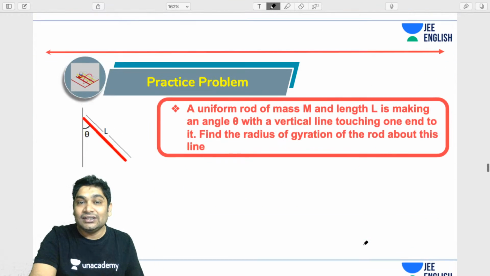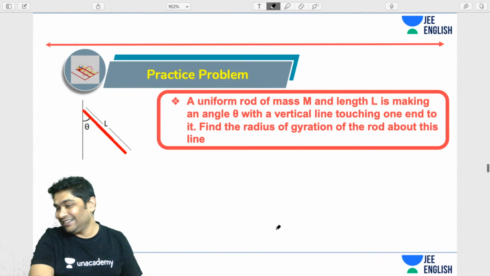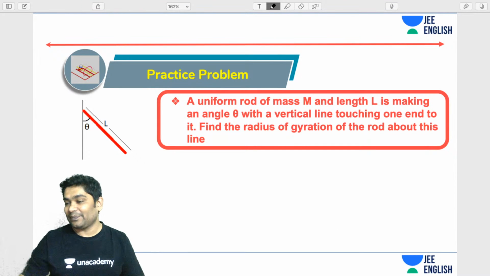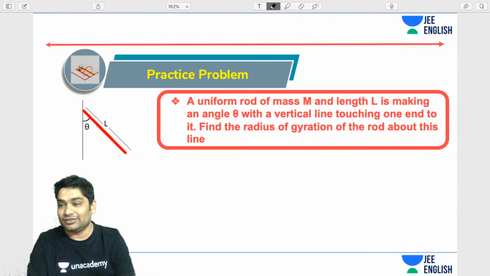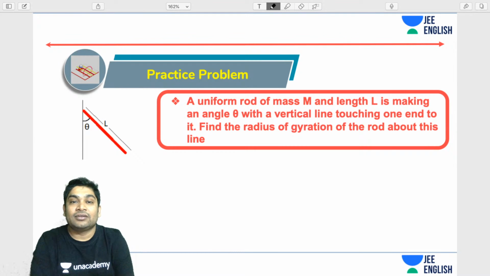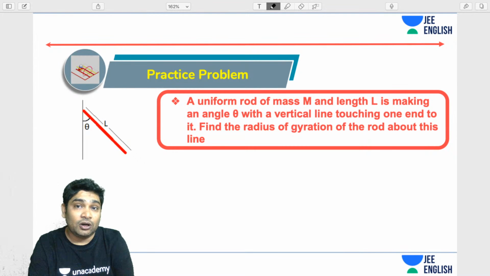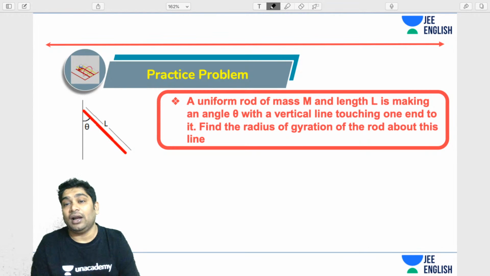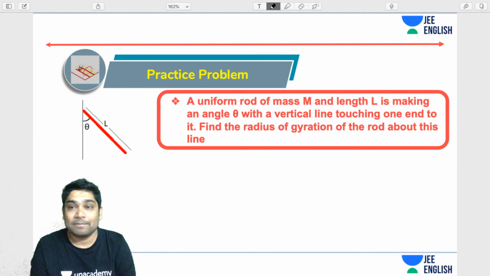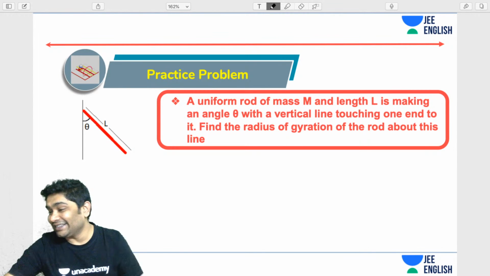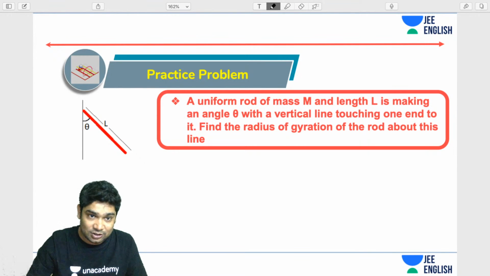Okay, how about this? Here is another practice problem for you. You have a uniform rod of mass m and length L, which is making an angle theta with the vertical, touching one end to it. You have to find the radius of gyration of the rod about this axis.